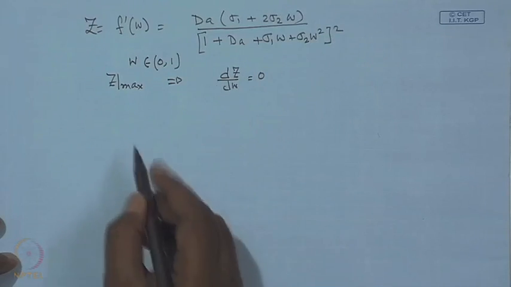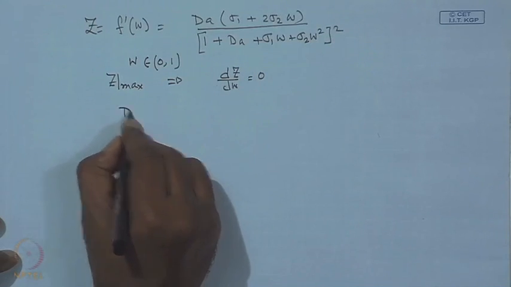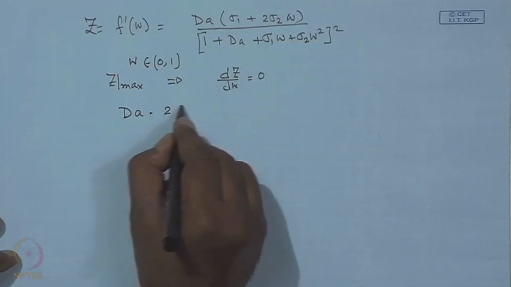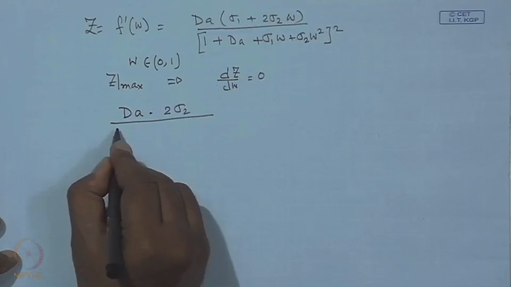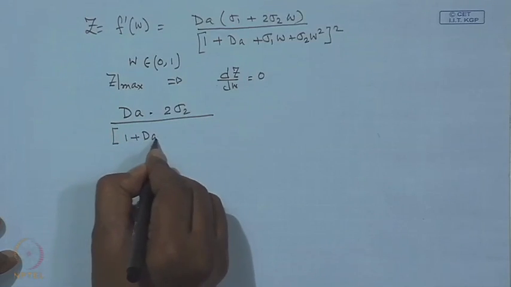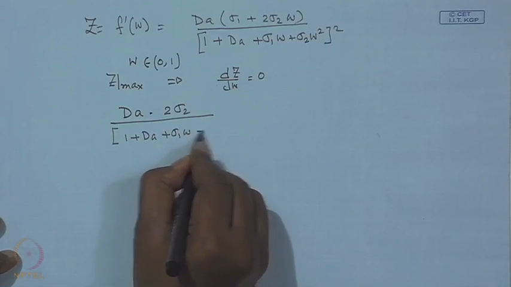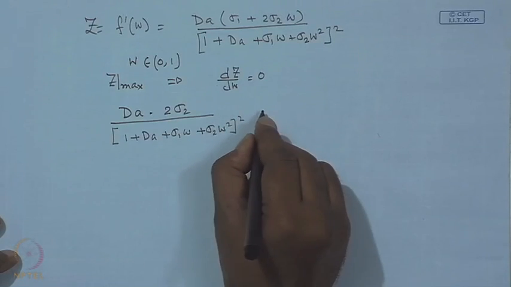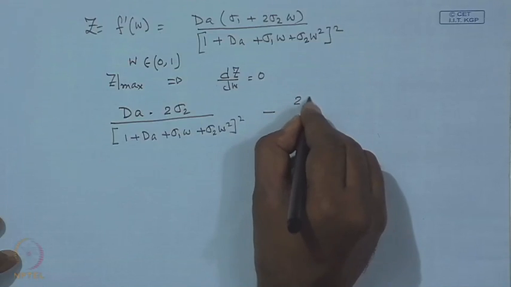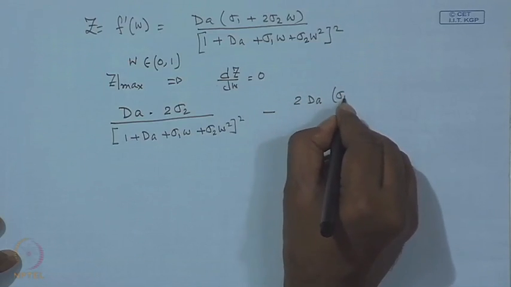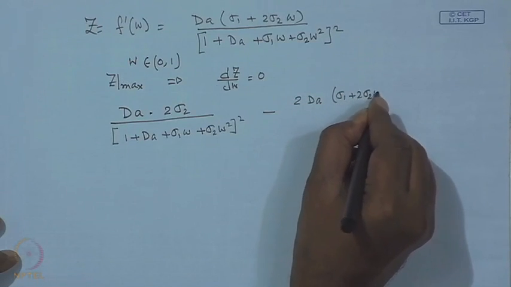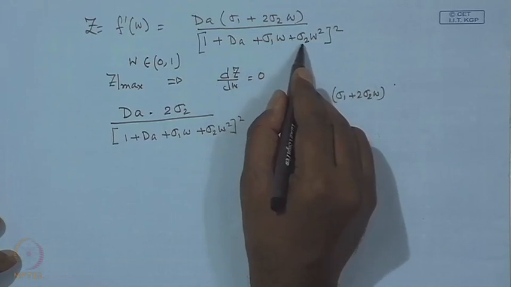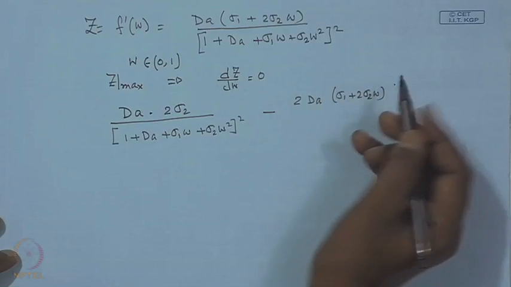So, if you do that, then this becomes dA times 2 sigma 2 divided by 1 plus dA plus sigma 1 w plus sigma 2 w square of that, minus 2 dA times sigma 1 plus 2 sigma 2 w, and the differentiation of this becomes sigma 1 plus 2 sigma 2 w.